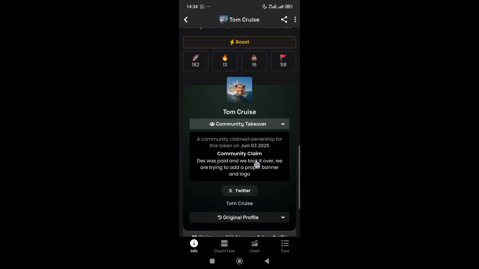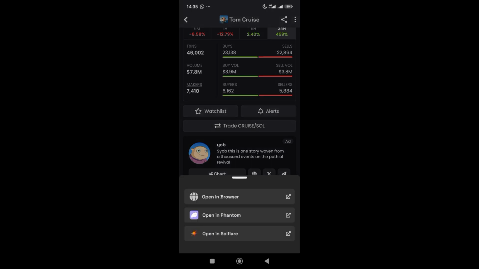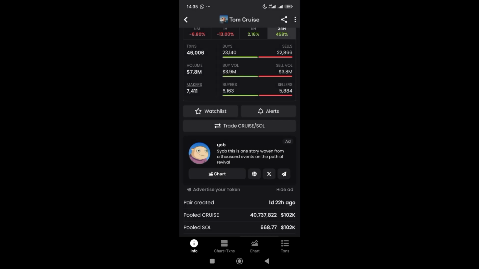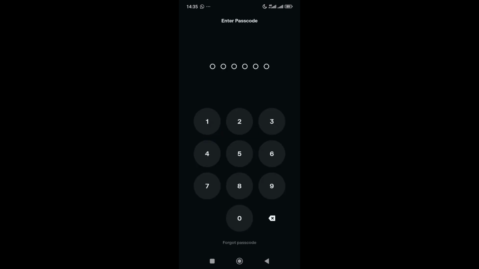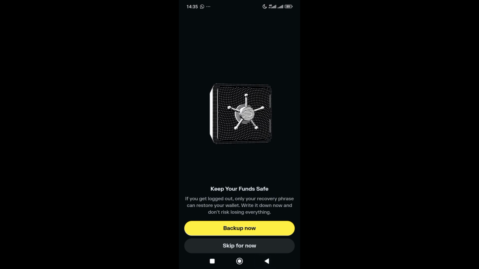Right, if you want to buy this token, just click on trade. You use Phantom or Solflare, or you can also open in browser. Once you click on it, it will take you to your wallet, so you can easily connect your wallet. Let me show you an example. Let me go back.